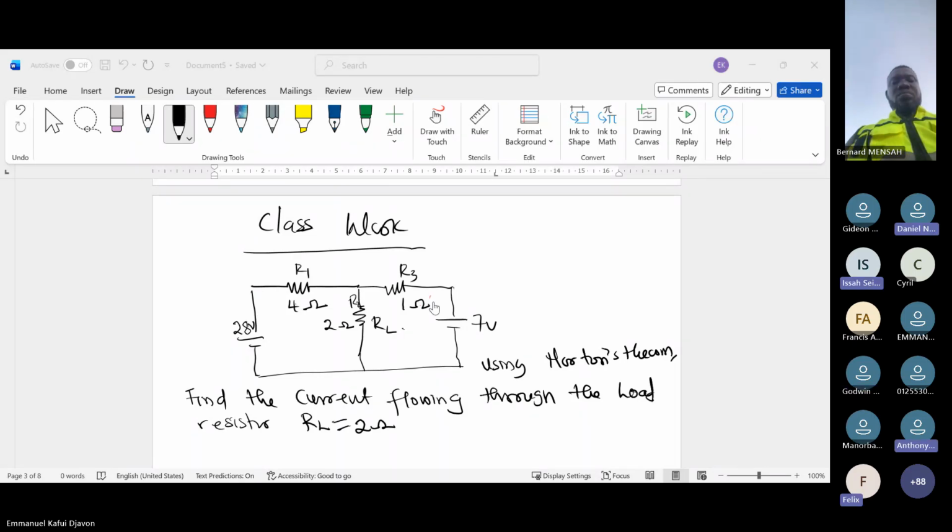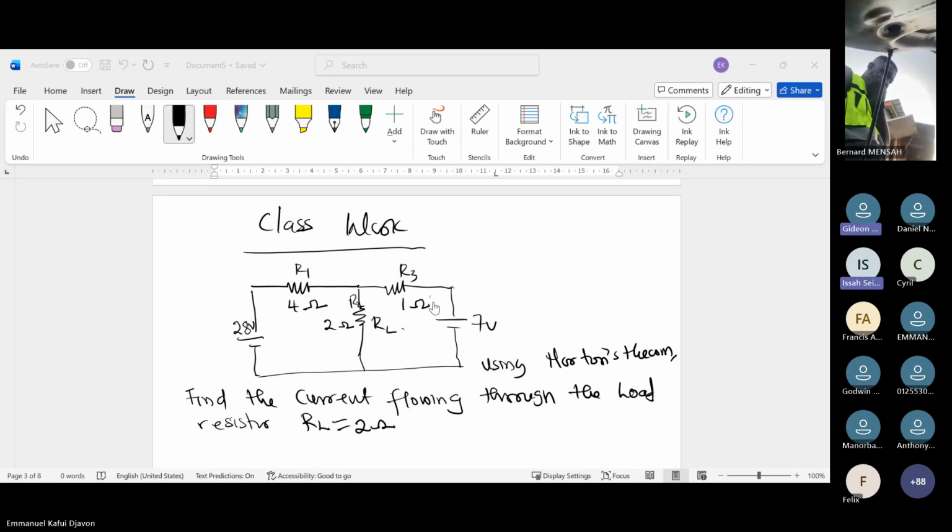If you are finding the total resistance, it will be the product over the sum. If you are finding the volts, it's supposed to be the current times the resistance.